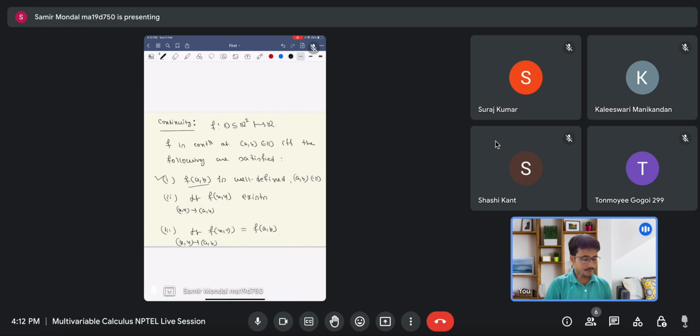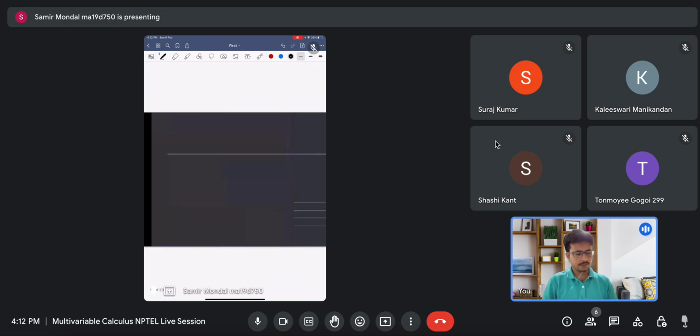So f of (a,b) must be defined, and the limit of that function when xy is approaching (a,b) must exist. The third one is that the limit of the function at the point (a,b) must be equal to f of (a,b). Now, the algebra of continuous functions is the same as the algebra of limits.